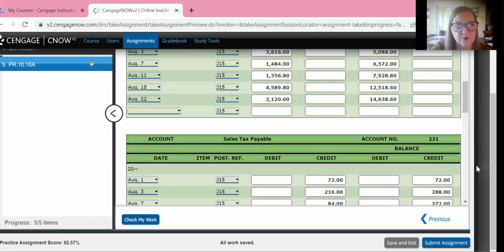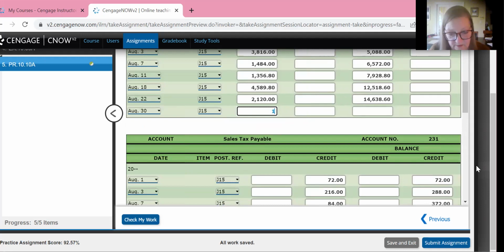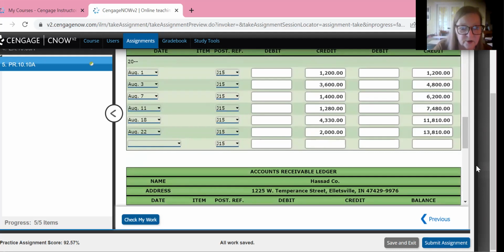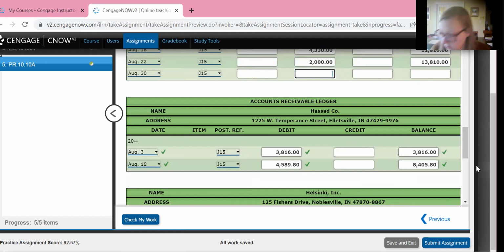All right, and then the last transaction happened on the 30th. It was for $1,706.80, which brought our total sales to $16,345.20. And our last sales transaction was for, let's see, $1,610.